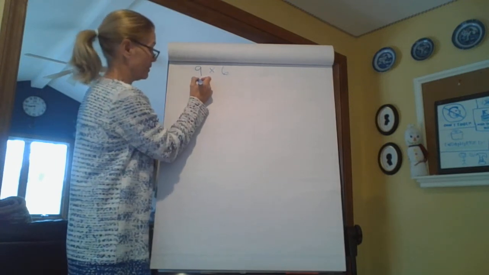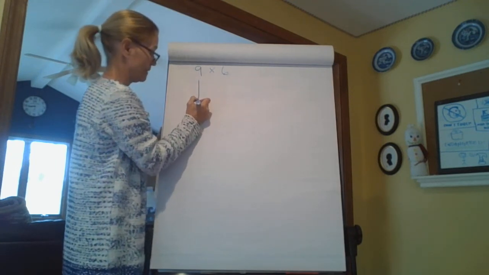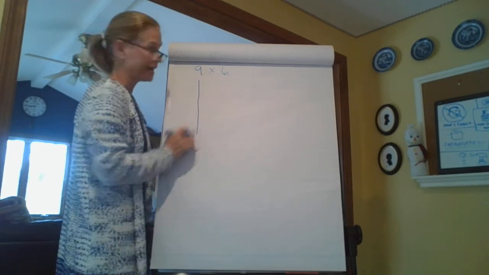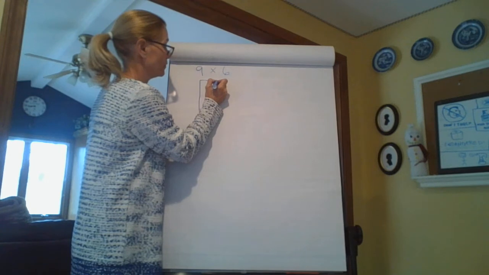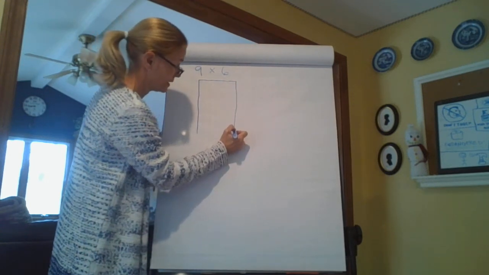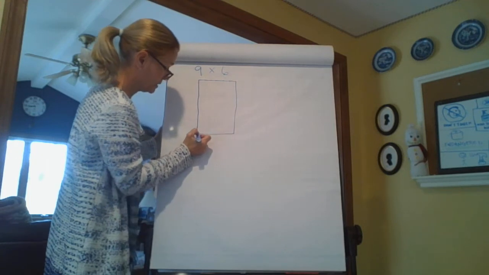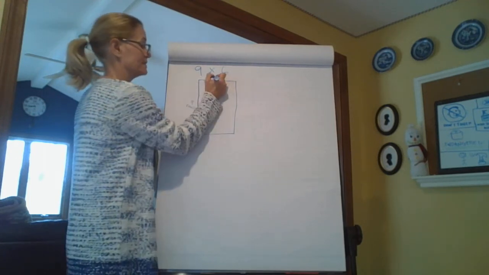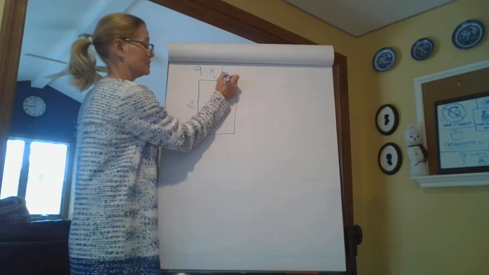So I'm going to come down. 1, 2, 3, 4, 5, 6, 7, 8, 9. Now I have my 9 rows with 1, 2, 3, 4, 5, 6. Now my array looks like this. 9 rows with 6 in each.